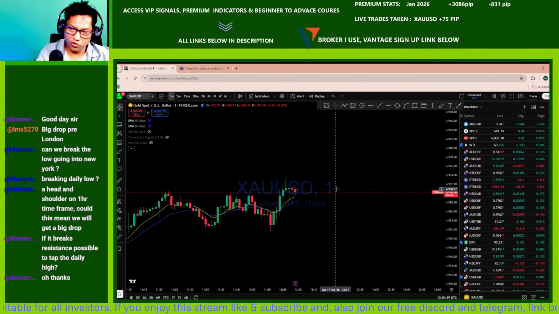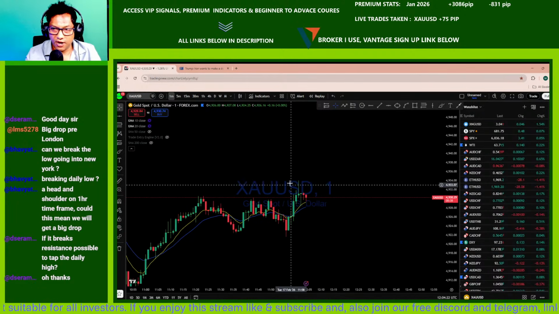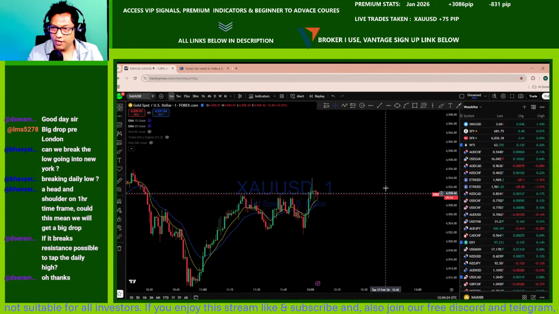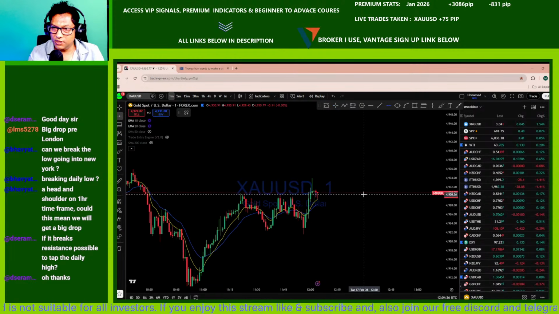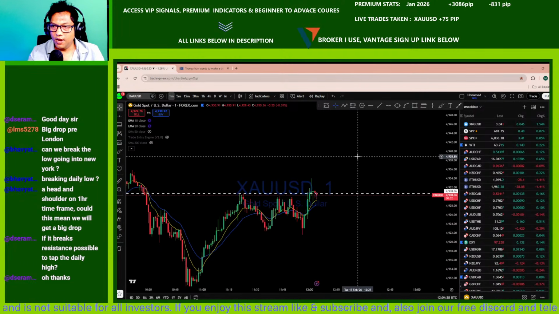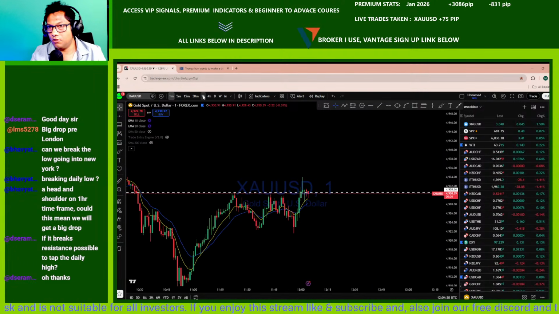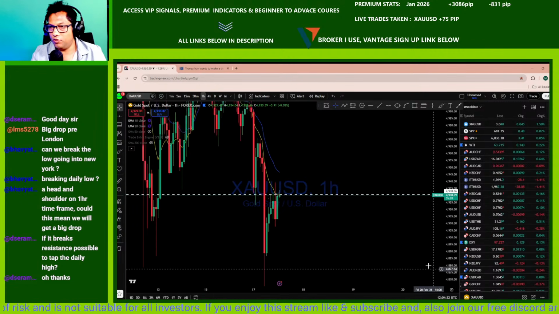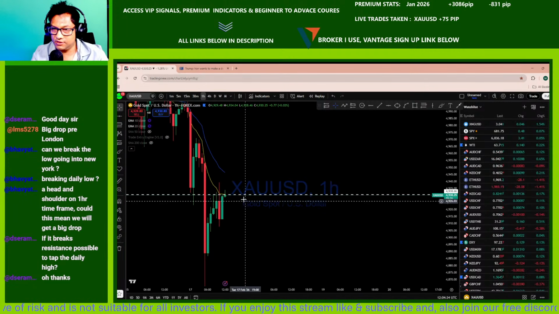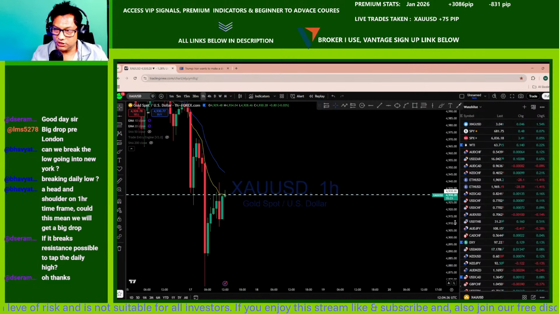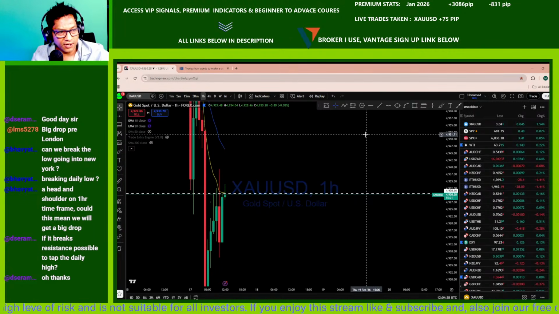Here are quite a few long wick candlestick patterns. You can see the market after the break of this high extended above this level. And now, if you look at this, the 1 hour price action has shown significant movement in that area.